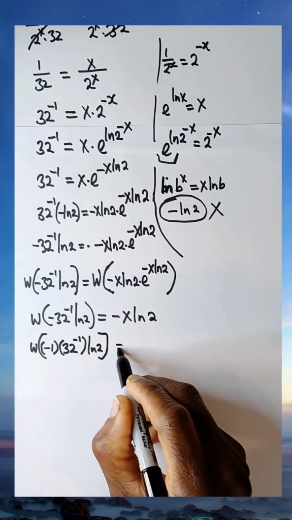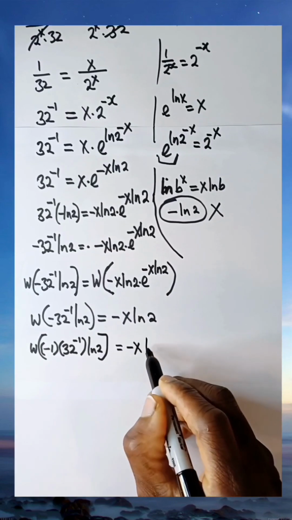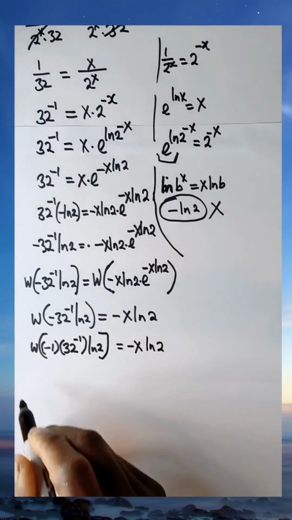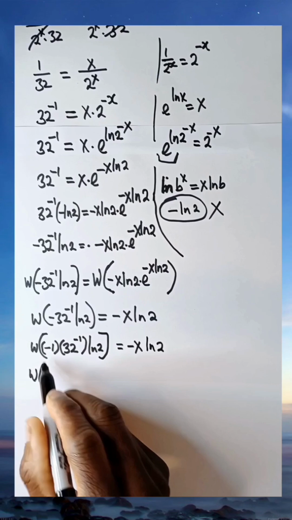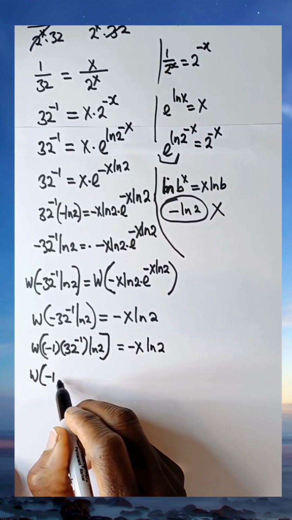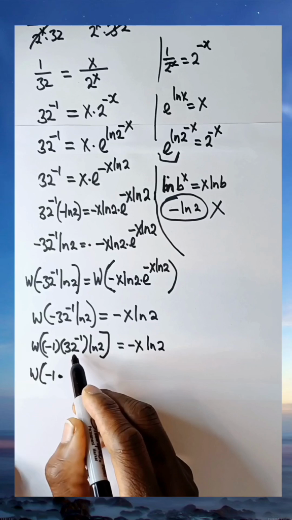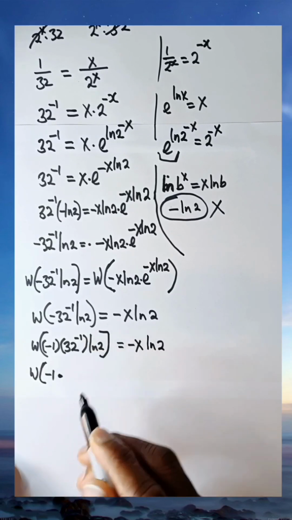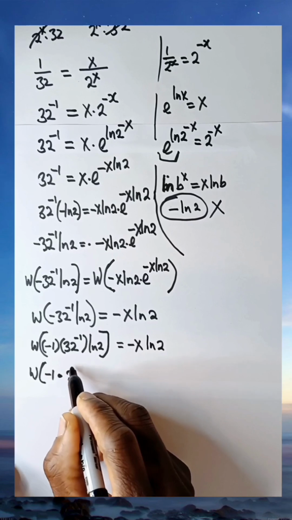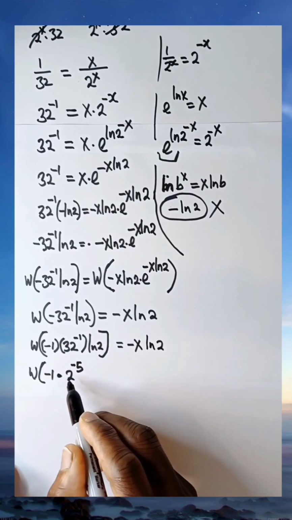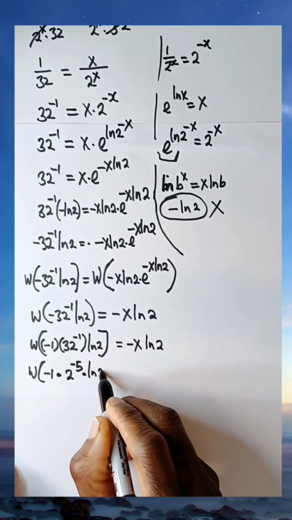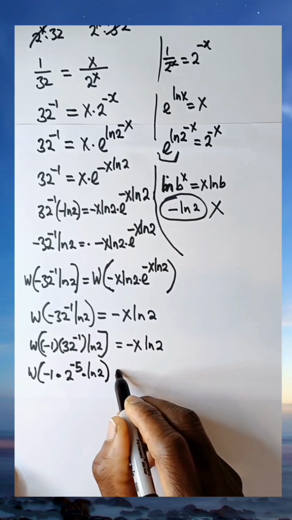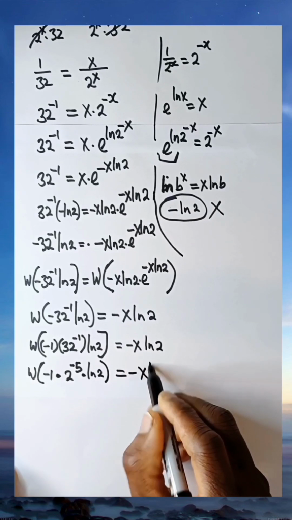And this is equal to minus x times the natural log of 2. So we will have the Lambert W of minus 1 times, I'm going to write this 32 raised to the power of minus 1 as 2 raised to the power of minus 5, times the natural log of 2. And this is equal to minus x times the natural log of 2.